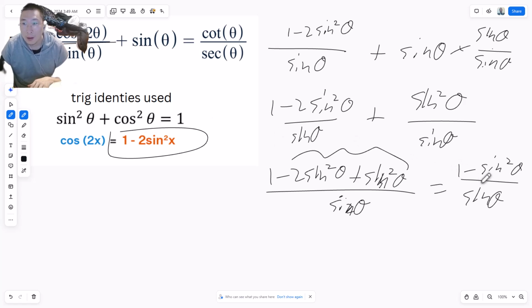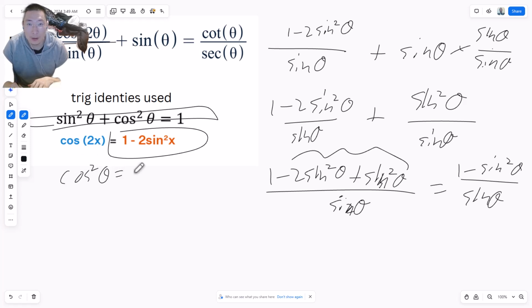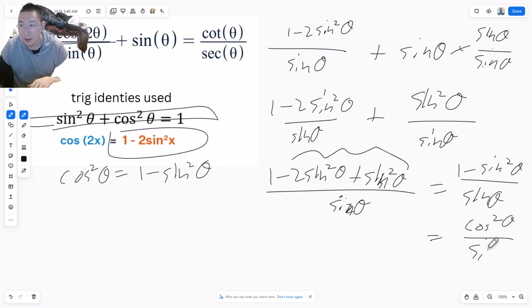And we have the Pythagorean identity here, which says cosine squared theta is equal to 1 minus sine squared theta. We have 1 minus sine squared theta here, so that becomes cosine squared theta all over sine theta.